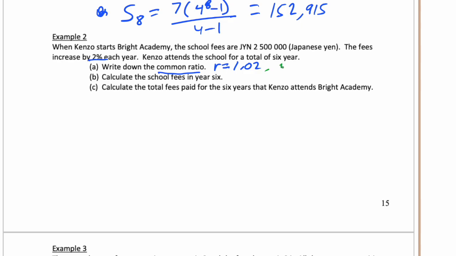Well, we've got U1 equals 2.5 million. So the school fees are just U6. And recall that's 2,500,000 times 1.02 to the power of 6.